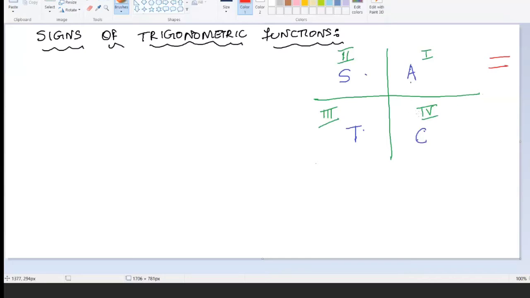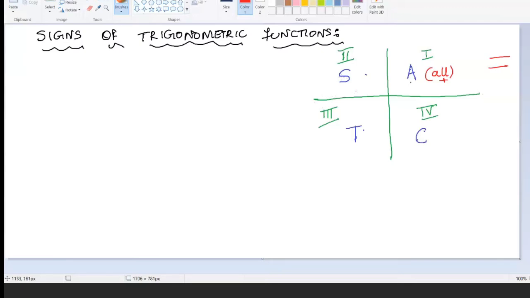Now who is this all? A stands for all. That means how many trigonometric functions are there? All the 6 trigonometric functions are positive, so all are positive over here in the first quadrant. Next, coming to the second one, just understand here.